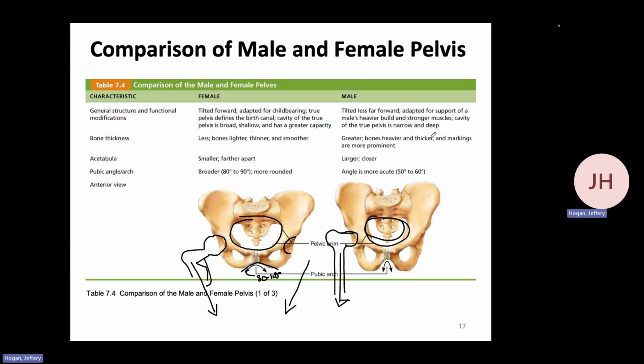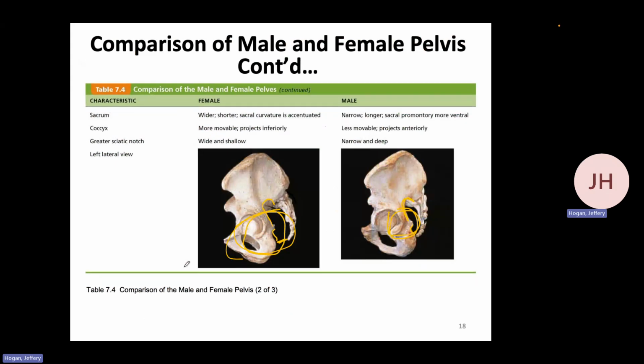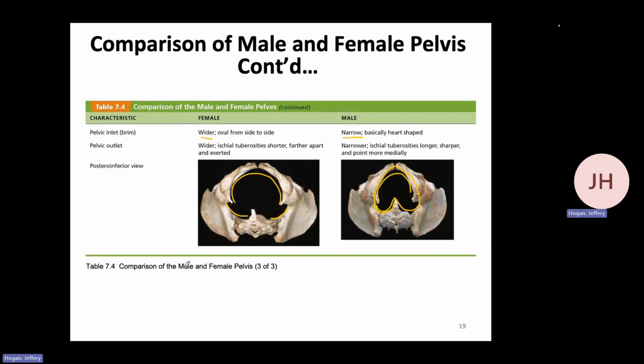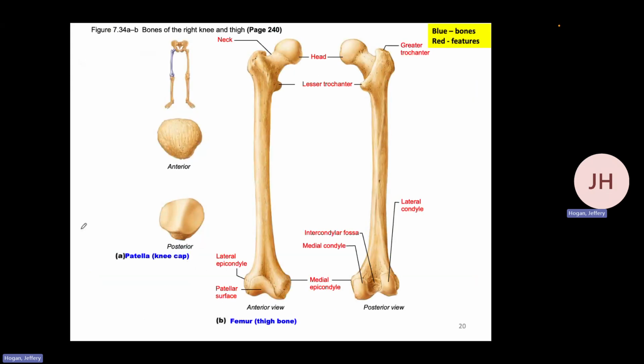In the male, they're heavier and thicker. The acetabula are smaller and further apart in the female than they are in the male. That's one difference. The pubic arch, the pubic angle is broader and more rounded in the female than it is in the male, right? That would be three differences listed there. Be specific, be verbose, be loquacious, right?